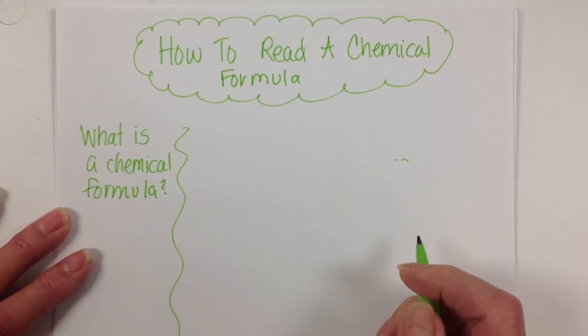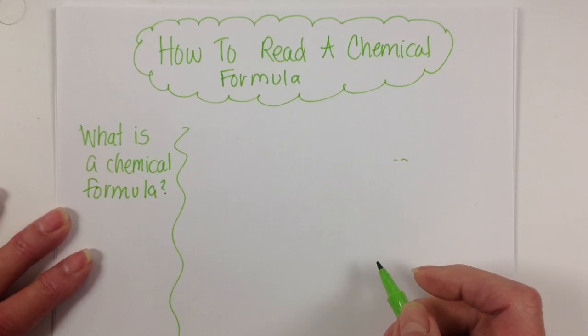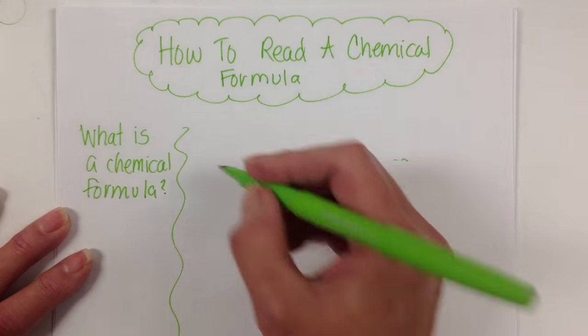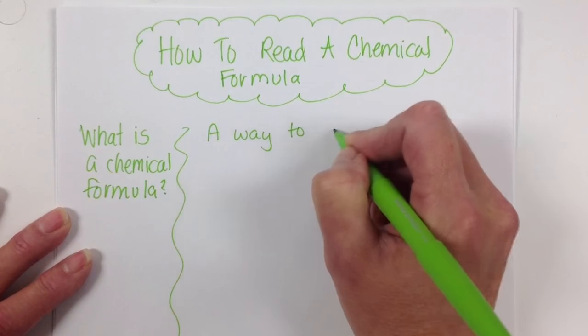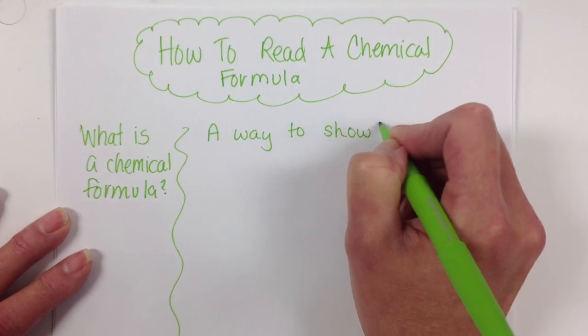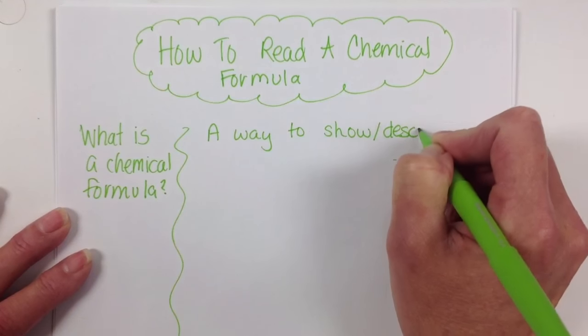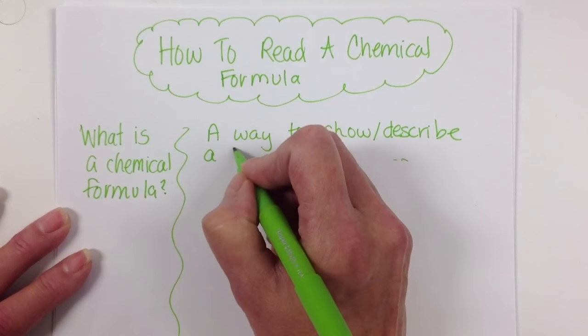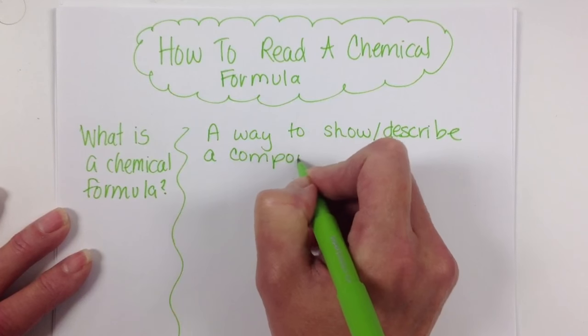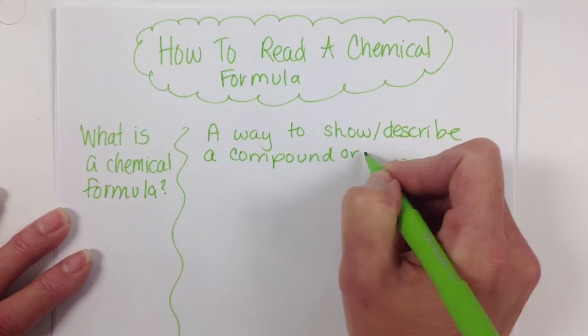So a chemical formula is really a way to show or describe a compound or molecule.